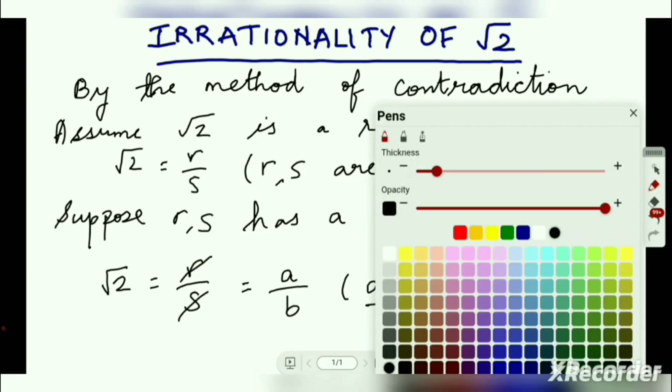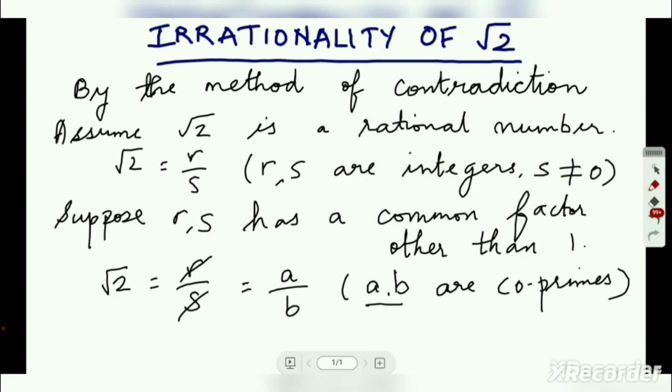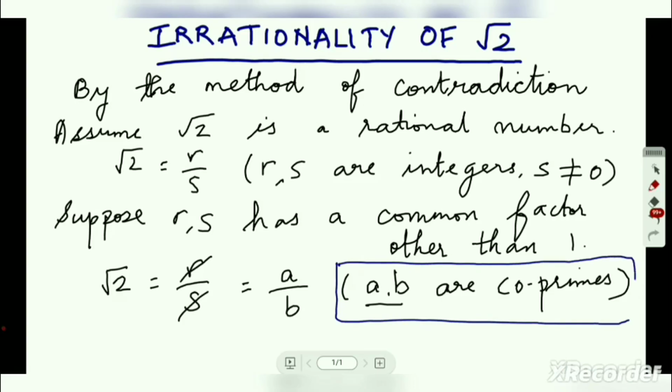This a and b being co-primes is a very important point in this proof, which many students miss out. Root 2 can be expressed in the form of a by b, where a and b are co-primes. This should be noted very clearly.